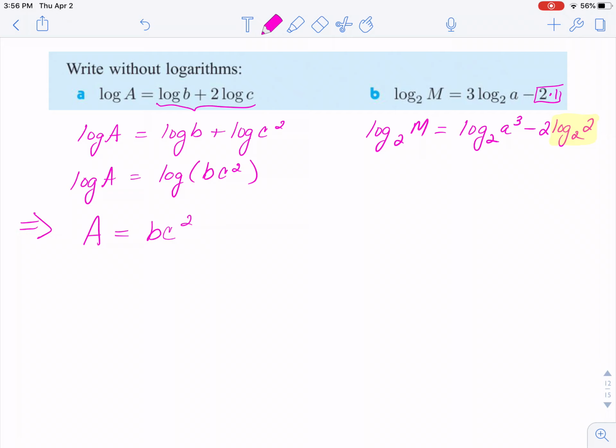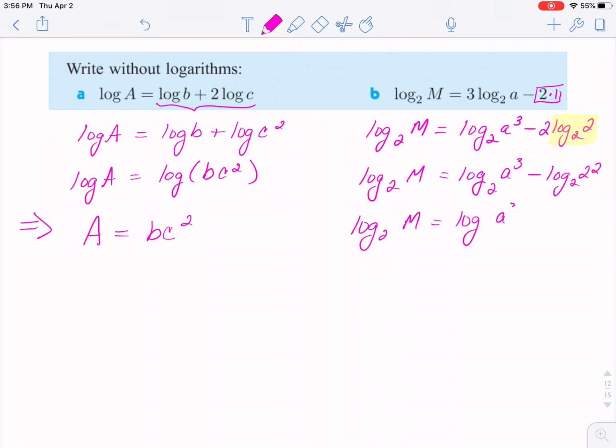Okay, so now I'm going to combine together and keep my log of m base 2 equals subtraction. So subtraction means that I need to eventually do division, but I got that coefficient first. So I'm going to change that coefficient and leave it as minus log of 2 squared base 2. Log of a cubed base 2 minus log of 4 base 2.